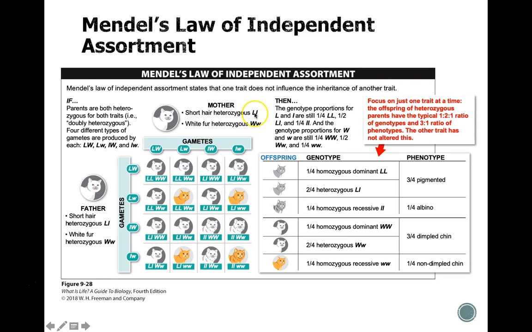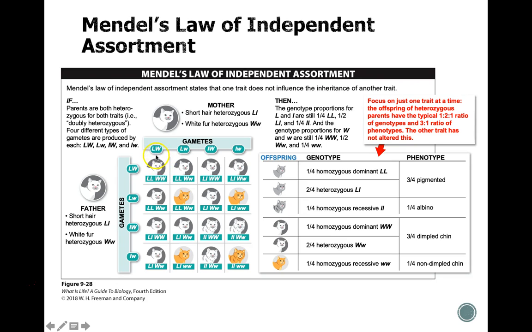Her gamete possibilities are big L with big W, big L with little w, little l with big W, and little l with little w. That's what we have in our gametes up here. Same thing for dad. He's got all the same gamete possibilities because his genotype is the same. Then we do our little pseudo multiplication table here, and we end up with big L, big W, big W.